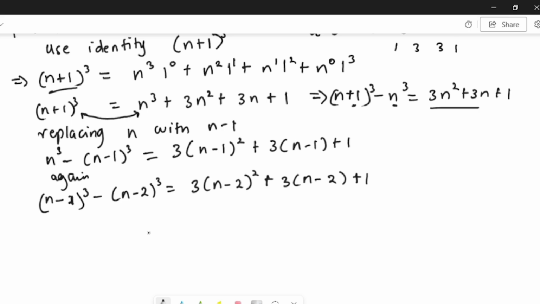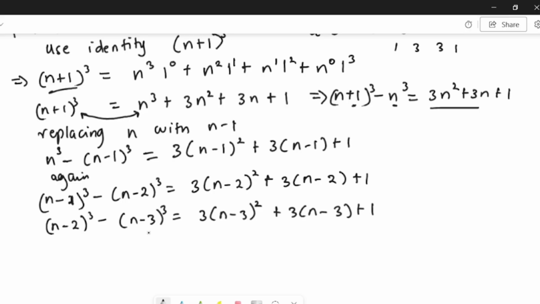And you know it's continuing in that manner, so we're going to have n minus 2 cubed minus n minus 3 cubed giving us 3 into n minus 3 squared plus 3 into n minus 3 plus 1. Definitely, if you continue decreasing these things, at some point you're going to get to 3, 2, 1.